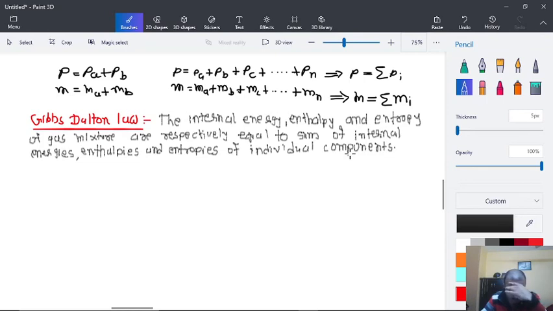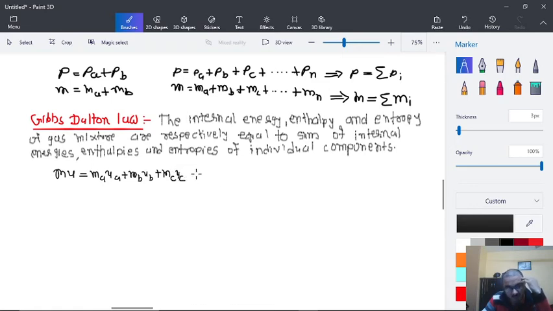Let's write this in mathematical form. First for internal energy: Mu = MA UA + MB UB + MC UC + ..., or Mu = sigma Mi Ui.